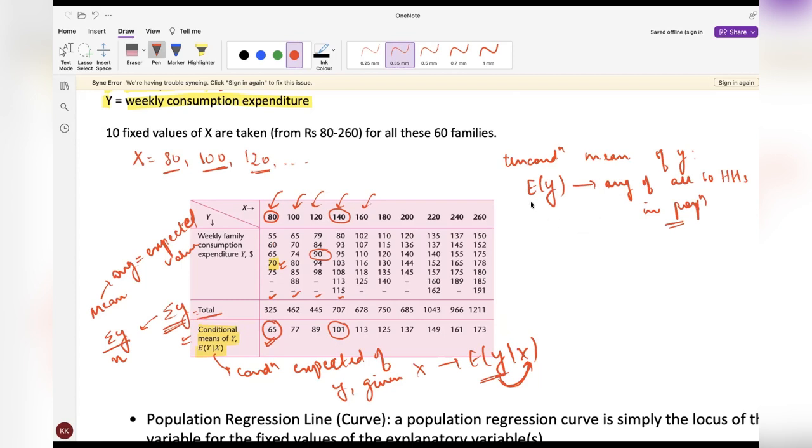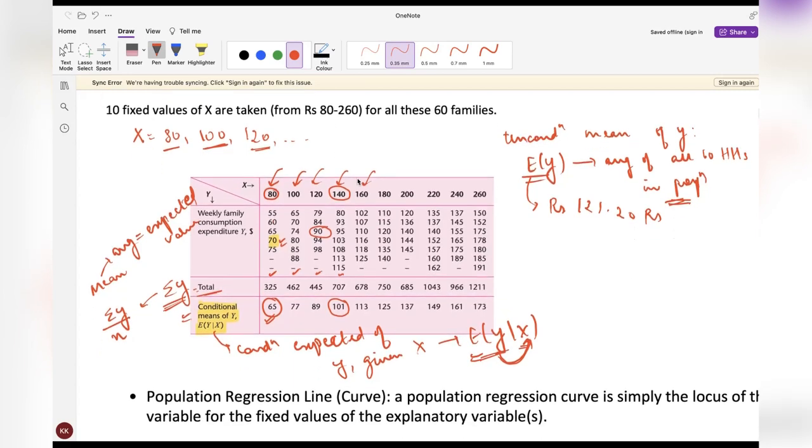On calculating this unconditional mean, our value would be equal to 121.20 rupees, right? So that is the difference. In this case, we have neglected the weekly income of all the families. And in the other case, we are taking out the average of the weekly consumption expenditure on the basis of the weekly income that the households have, right? So that is the difference between conditional and unconditional mean of Y.